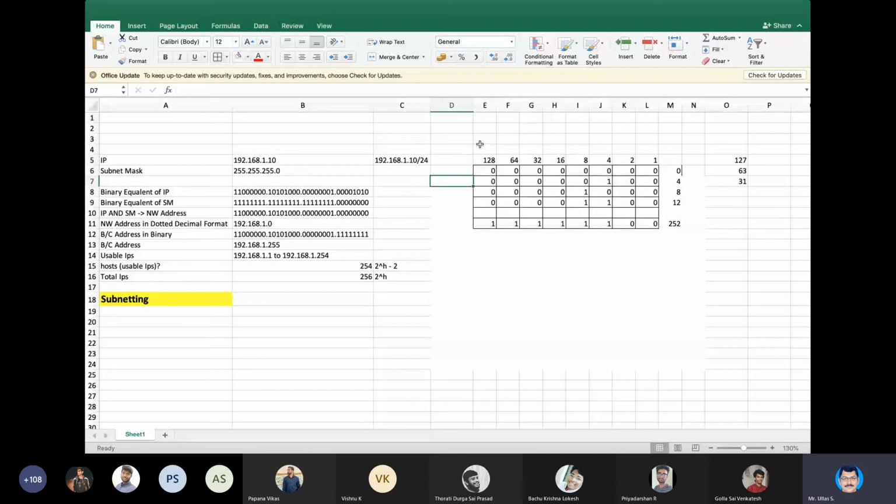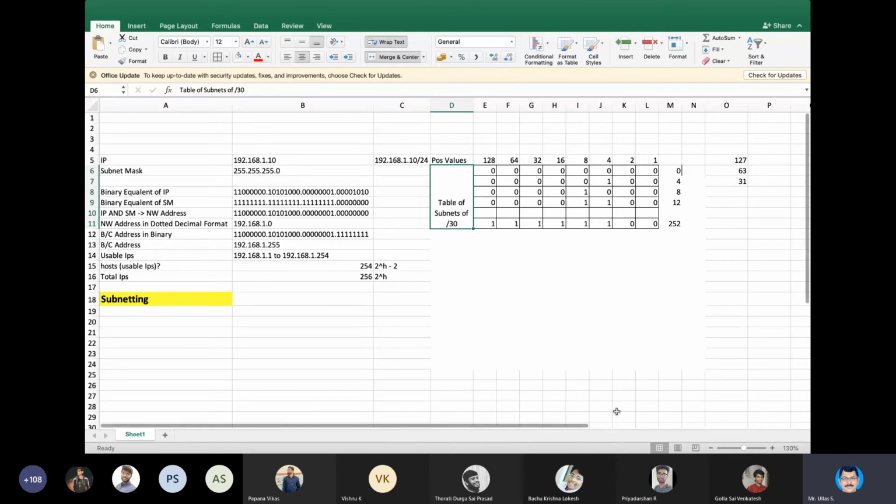What I have written here is the positional values, and what I have written here is the table of subnets of /30. Is it clear, guys?